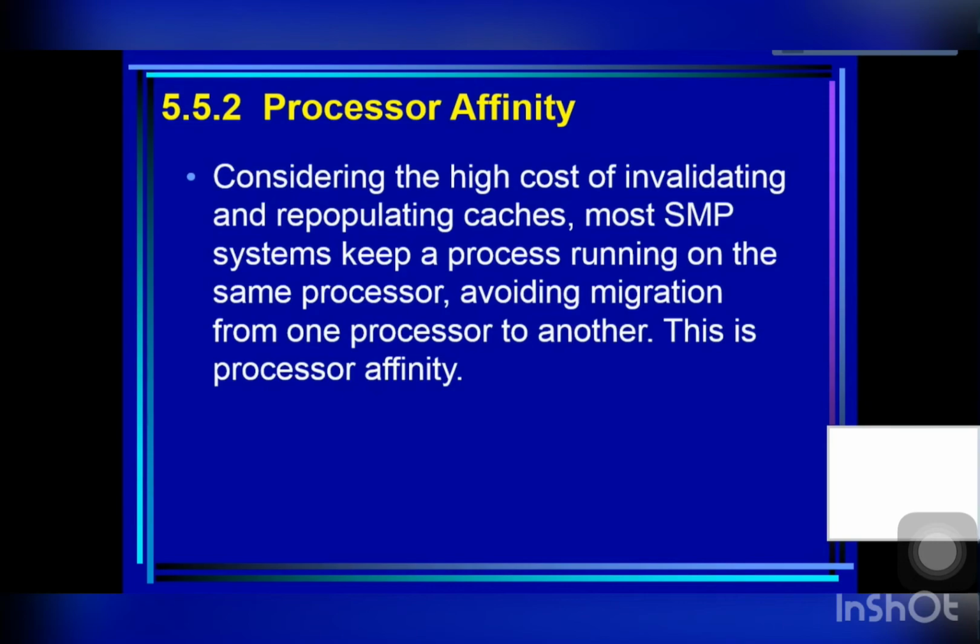Because of the high cost of invalidating and repopulating caches, most symmetric multiprocessing systems try to avoid migration of processes from one processor to another, and instead attempt to keep a process running on the same processor. This is known as processor affinity. That is, a process has an affinity for the processor on which it is currently running.